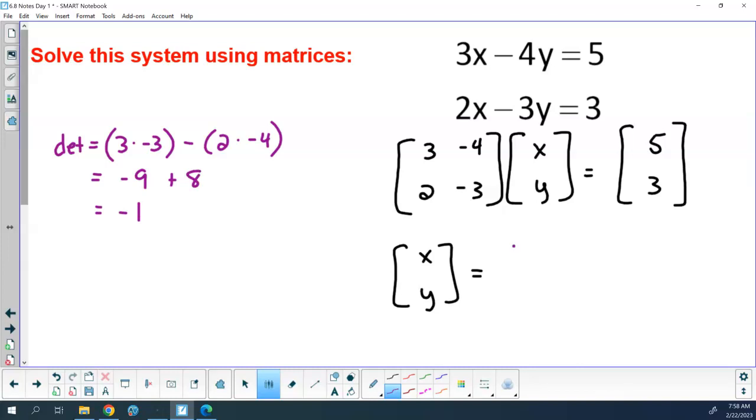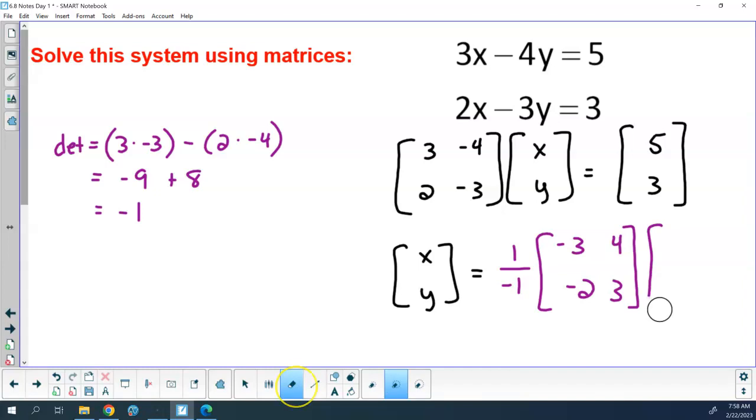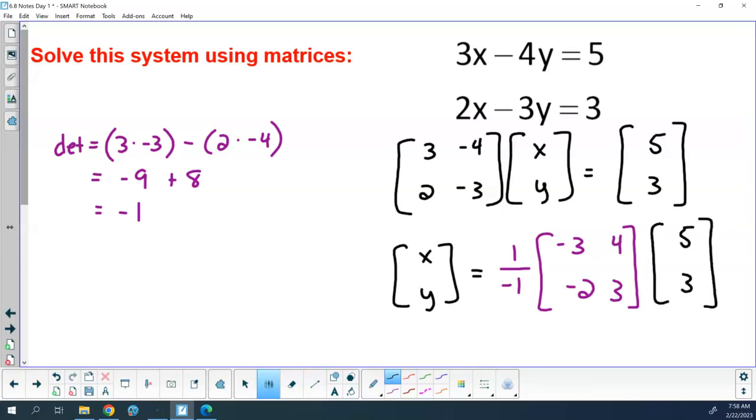So my inverse is going to be 1 over negative 1, negative 3, positive 4, negative 2, positive 3, times 5 and 3.